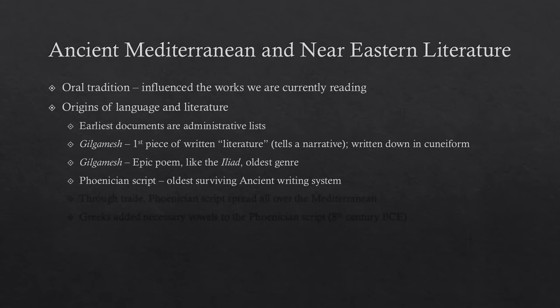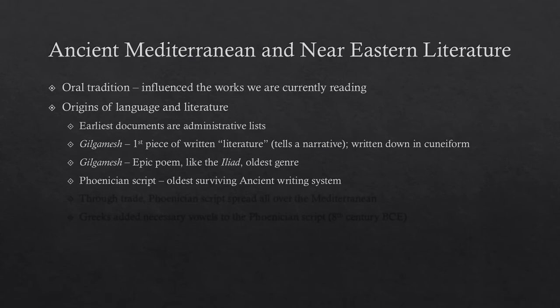What I mean by that word survival is that when we look at language today, we can still see traces, connections, the influence of that previous language. So when we look at the English language today, we can actually see traces of Phoenician script in it. And I'll explain how that works in a minute. But if you look at the languages being spoken in the world today, you don't really see cuneiform.